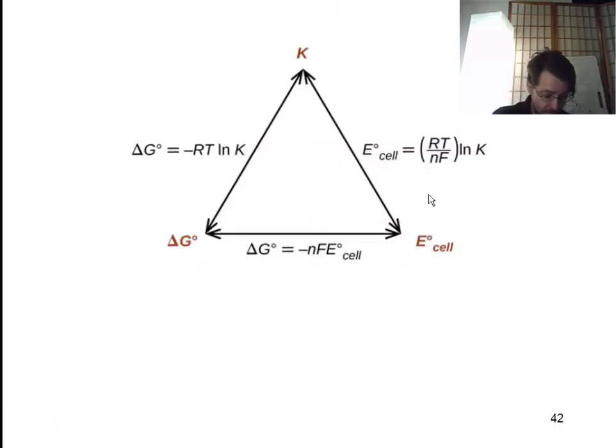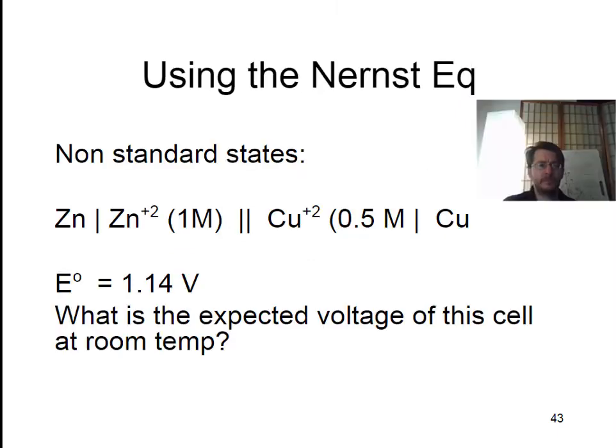So we can use that relationship to pick what the equilibrium constant is for a particular reaction very easily by measuring the standard cell potential under standard state conditions and back calculating K.